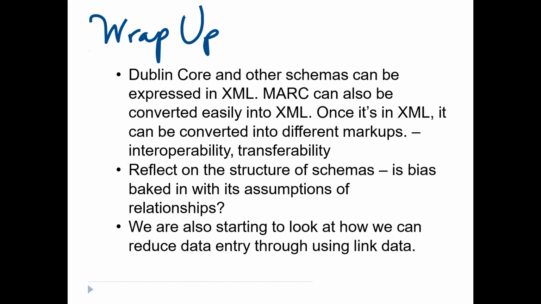And think about whether there are areas where bias is baked in, or there are assumptions about the data that are made. And in those cases, how would you handle those? Or what would you do with those?